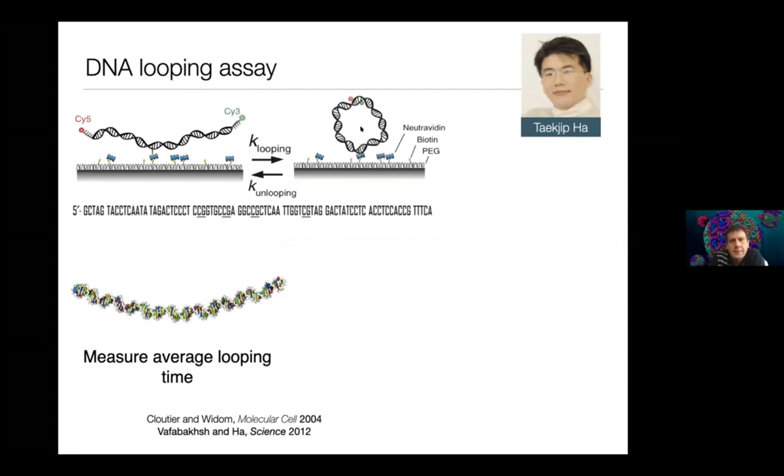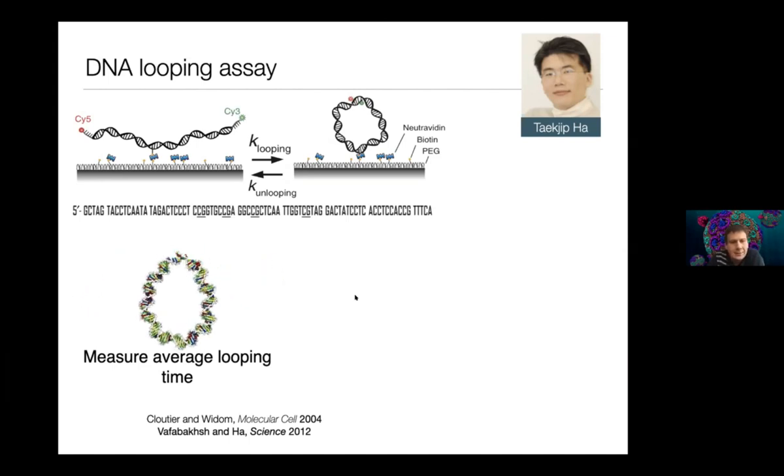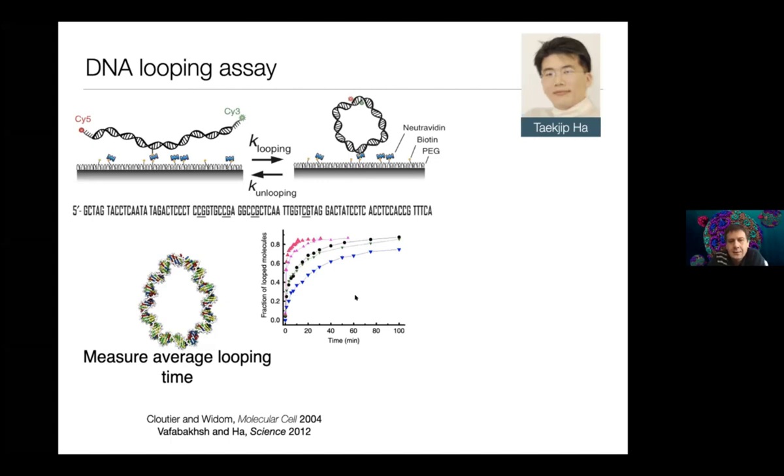Eventually it will form a circle, a loop like this. Here's the animation. Boom, done. And you or others can do these measurements, looking for the time it takes for DNA molecules to form those loops. That's the so-called DNA looping assay.